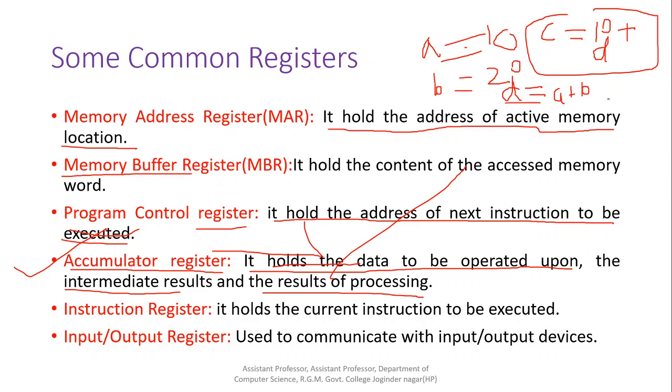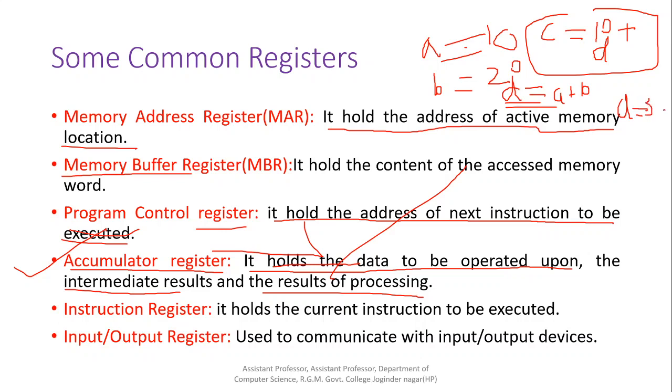D is equal to A plus B. Firstly we put the values of A and B in this expression. A is 10 and B is 20, so D is 10 plus 20, which is 30.